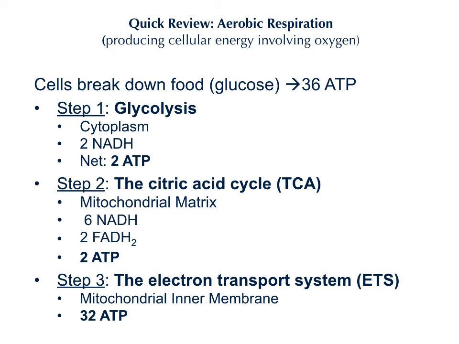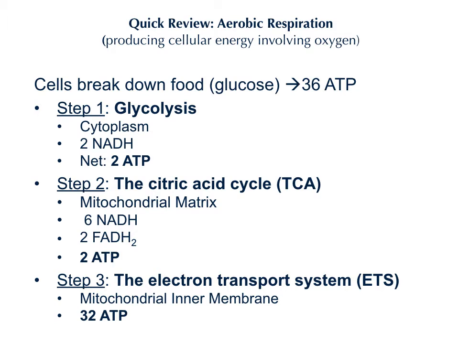All right, so we've gone over aerobic respiration. Just to quickly review, it had three basic parts: glycolysis, where we netted 2 ATP and also made some of our reduced coenzyme NADH. And then we ended up with pyruvate as our end carbon product of glycolysis, which will then go on to lose carbon dioxide, and the acetyl group will join up with CoA and enter the citric acid cycle.